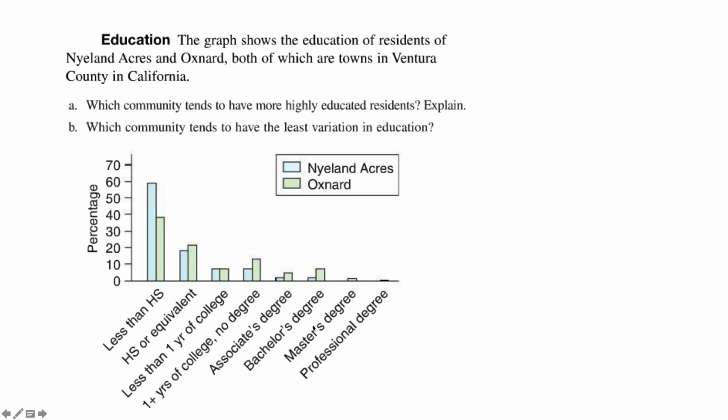The highly educated residents are going to be residents that have, say, college degrees or higher. So we want to look at these categories to the right. And if you look at the bars here, the green has higher bars in these categories. So that would suggest that Oxnard has more highly educated residents.